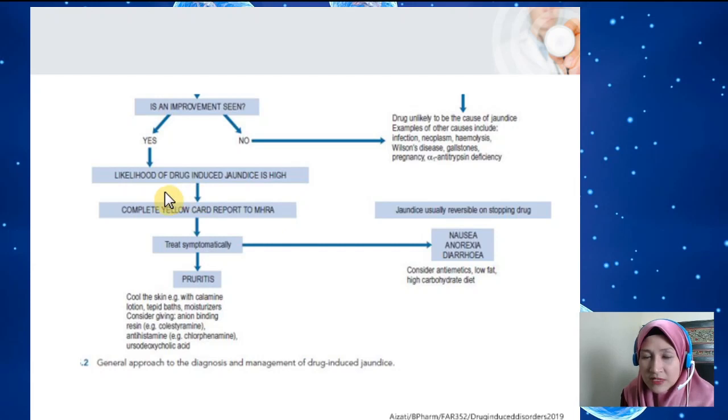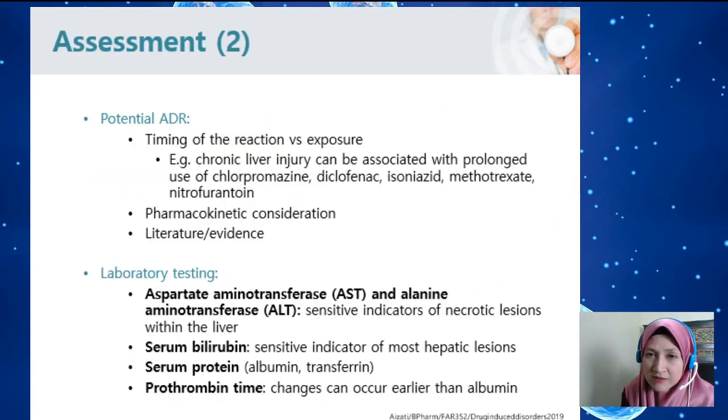Then also you have to assess the liver function test, and whenever you establish causality in this patient, you need to do an ADR reporting. And also looking at the causality of the ADR itself, you need to use a scale, for example, the Naranjo scale or the WHO-UMC assessment tool, to look at the causality of the drug with the event.